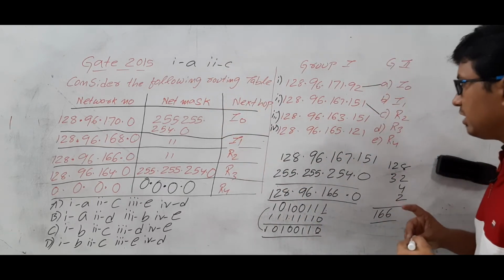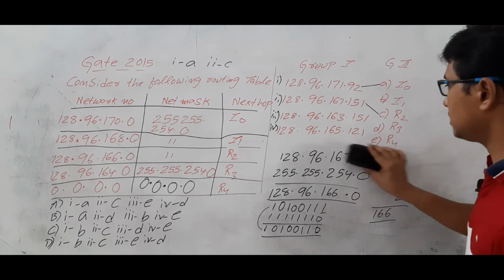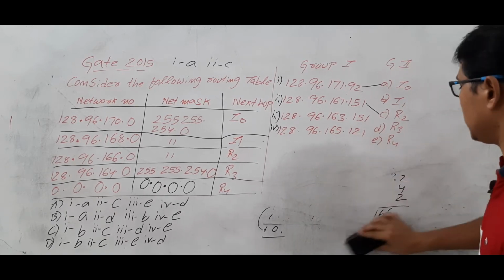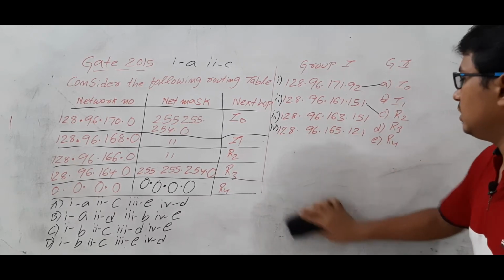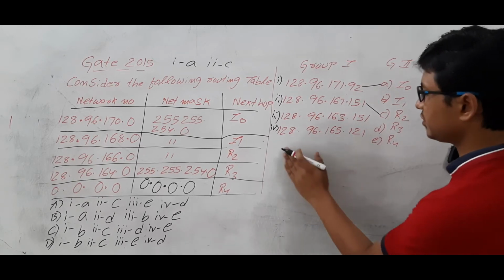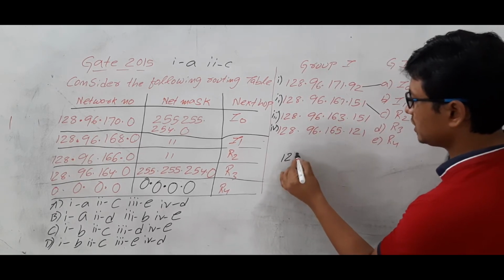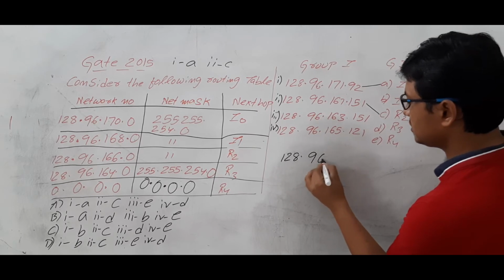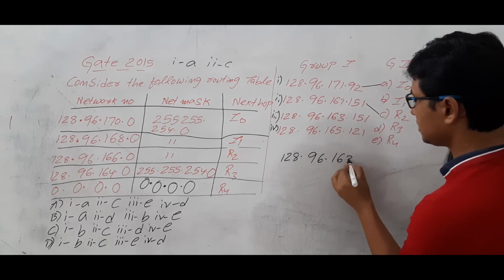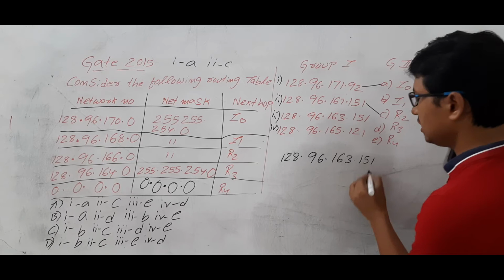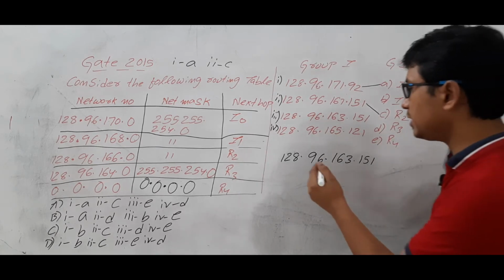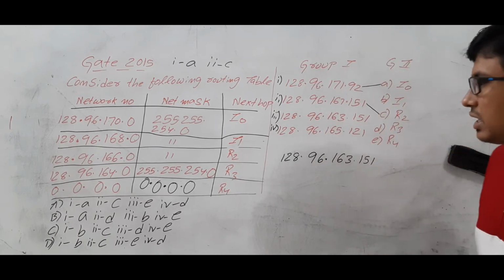Okay. Now we will take the third IP address, which is 128.96.163.151. In the meantime, you can pause the video, do this one, and check the answer with me.